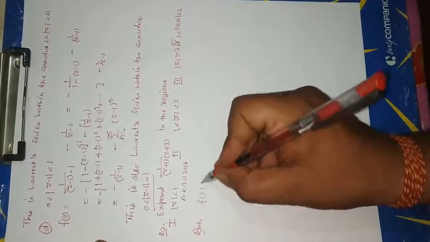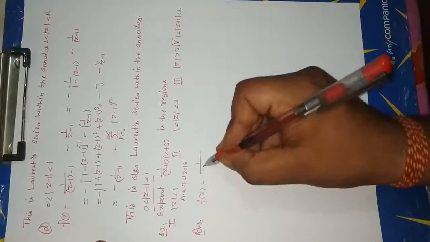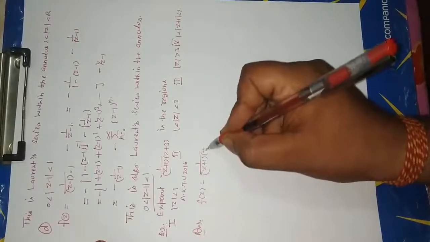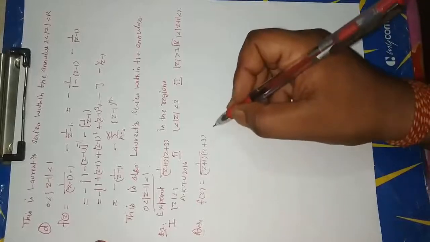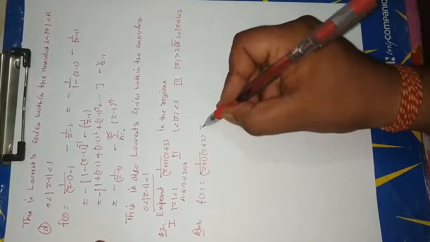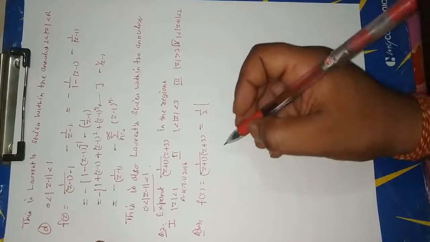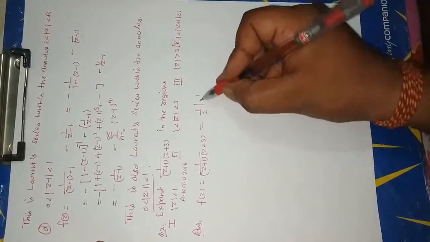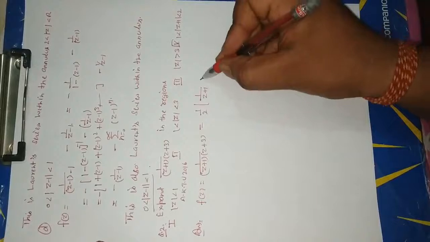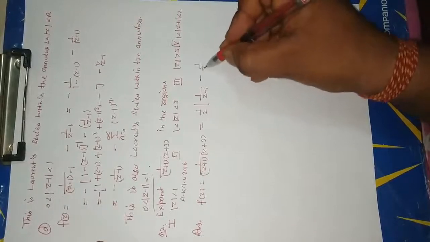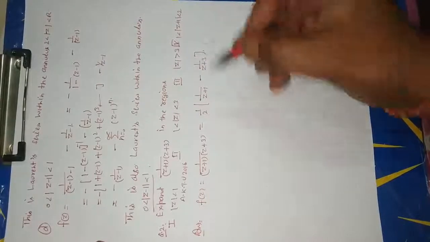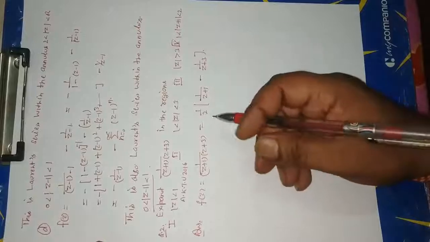Since f(z) is equal to 1 upon (z + 1)(z + 3), by factorizing we get, on partial fraction, 1 upon 2 [1 upon (z + 1) − 1 upon (z + 3)].